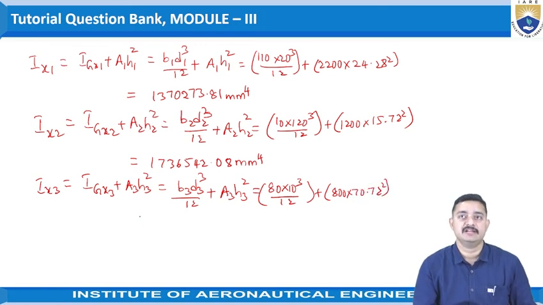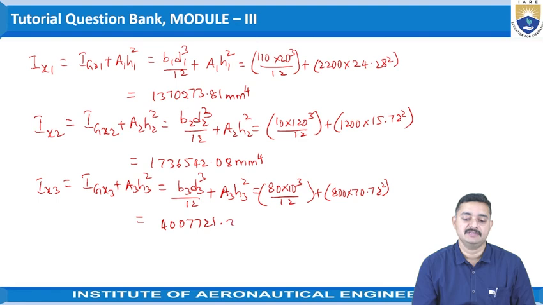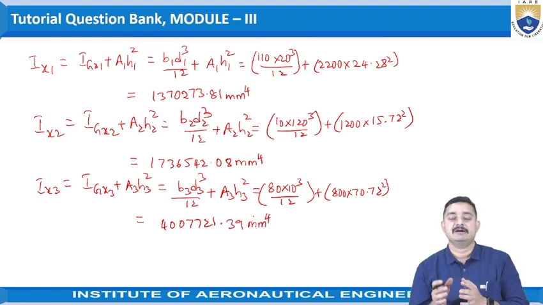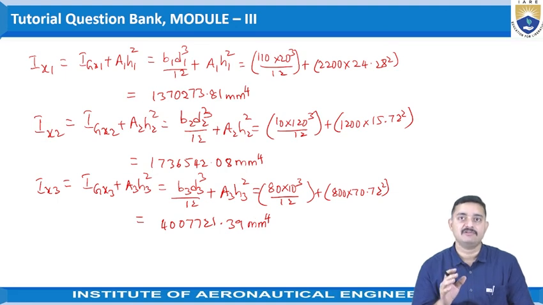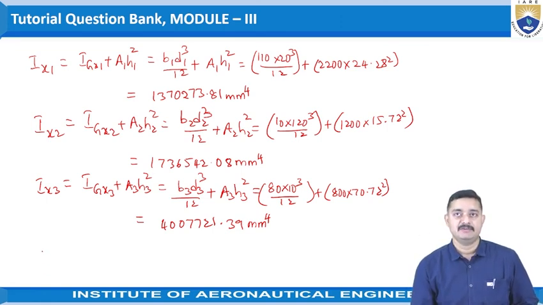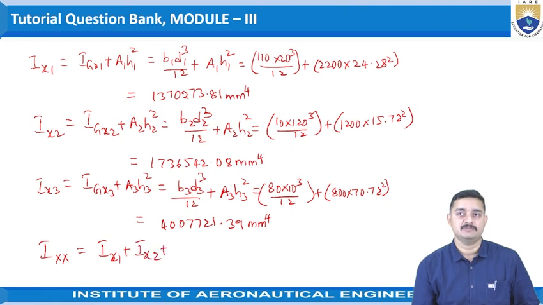When you solve the equation, you will get 4007721.39 mm to the power of 4. So in this way, we have obtained the moment of inertia of all the individual parts with respect to the centroidal axis of the total lamina. Now what we will do? For obtaining the moment of inertia of the total lamina Ixx, we will be adding all the moments of inertia: Ix1 plus Ix2 plus Ix3.